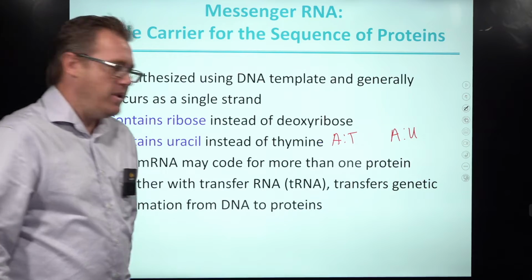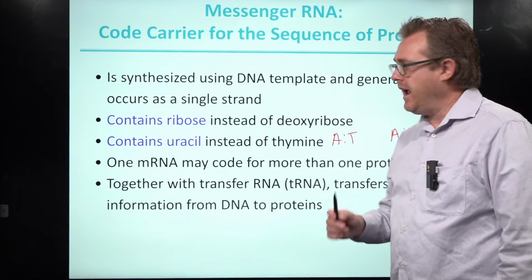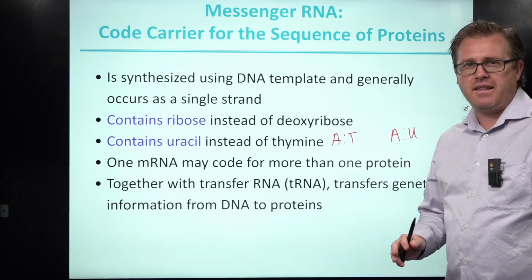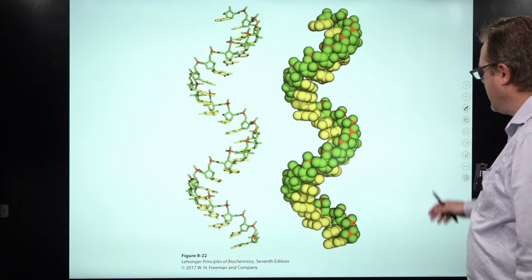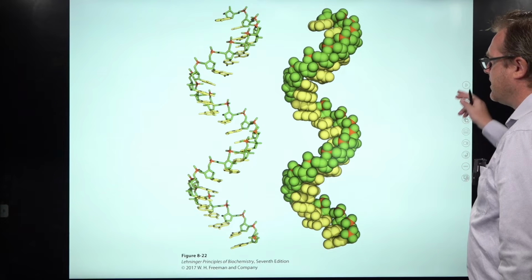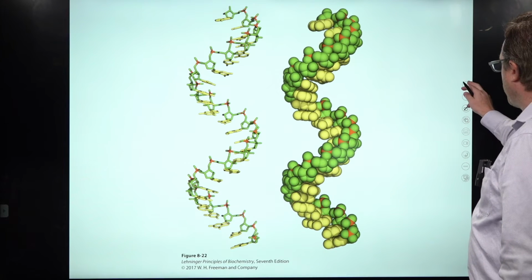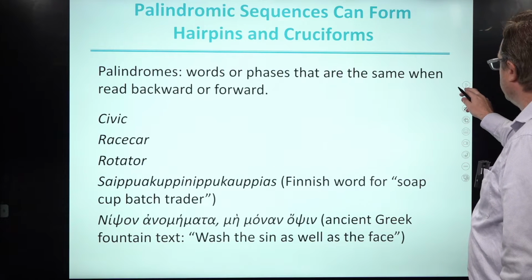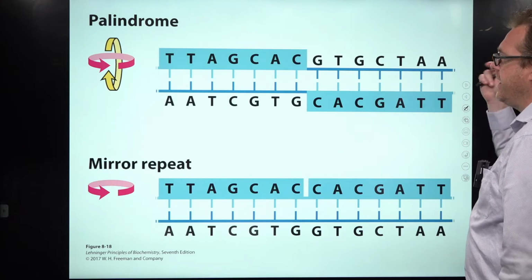So let's take a look at a few cool features of RNA. Even though they're single-stranded, they have a lot of cool structures that DNA doesn't have. Okay? So here's just a single-stranded RNA molecule. But what's going to happen here is this right here.